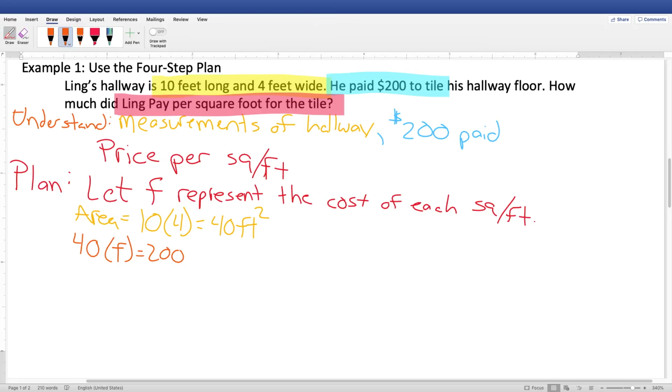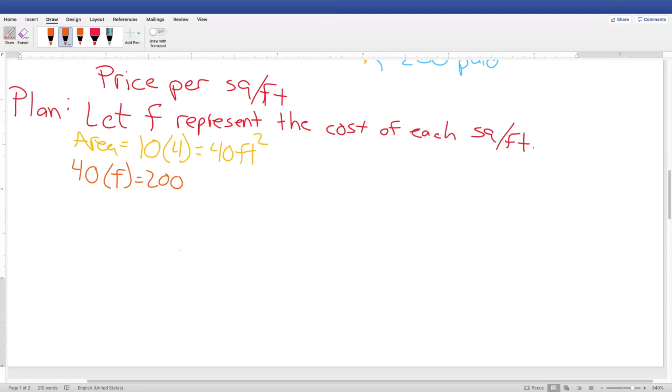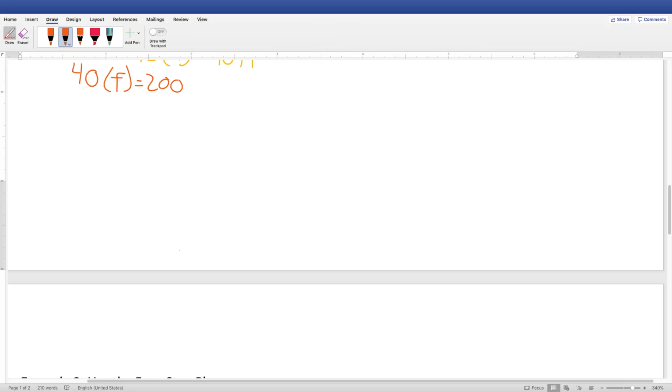So now we are ready to go on to step 3. What was step 3? Solving the problem. So when you solve this problem, 40 times F is equal to 200, we are going to divide both sides by 40. My 40s cancel, and I get F is equal to 5.